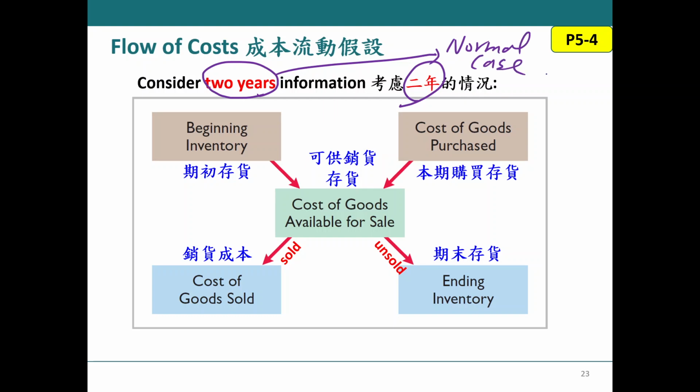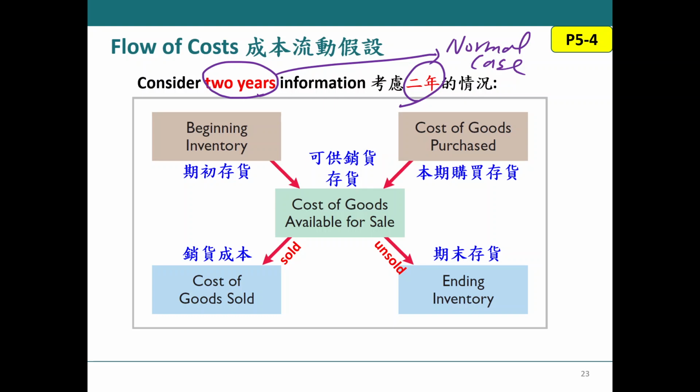正常情况. Why is that? Your company is not only for 1 year. So you have to consider, what about the inventory you have from last year? What about the data, the money from last year? So you have to consider last year's situation, including this year's situation, right? Okay. So after considering 2 year situations, how do we get our cost of goods sold and our ending inventory?